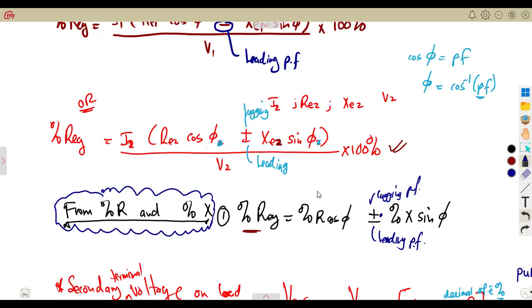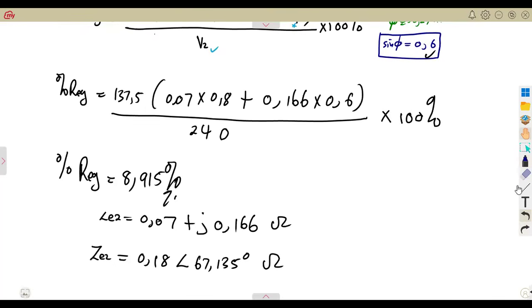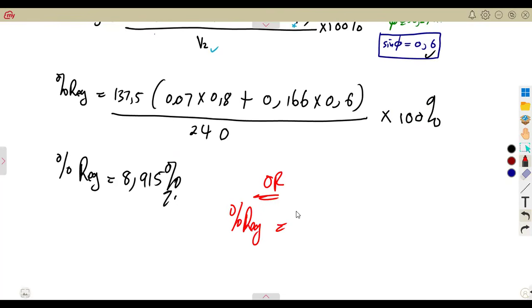So percentage regulation can be calculated from the percentage resistance times cos of phi, plus, because it's a lagging power factor, the percentage reactance times the sine of phi.